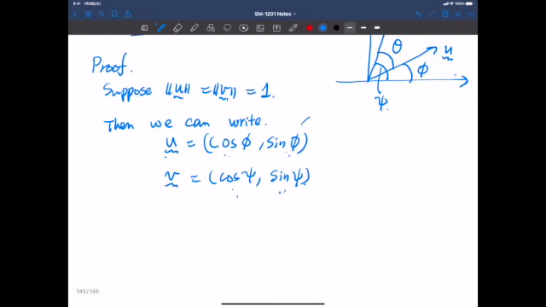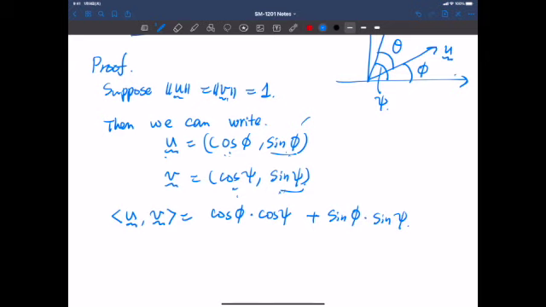Then their dot product is this times this and this times this. So it's cosine phi times cosine psi plus sine phi times sine psi.